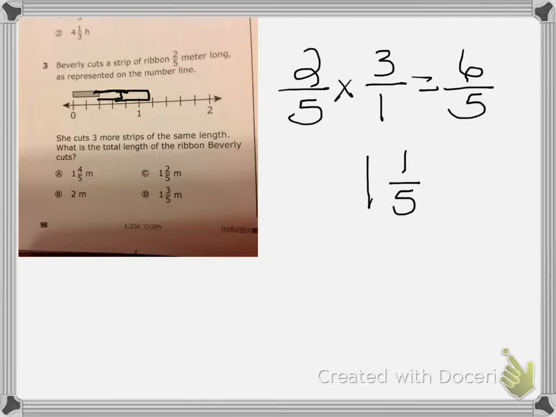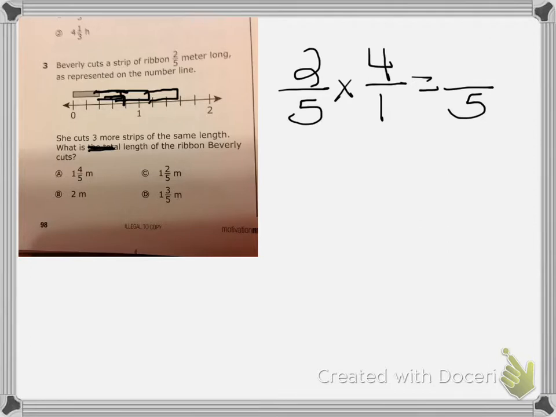Okay, I hope you guys figured this out because I figured out what I did wrong. It says she cut 3 more. And that means in addition to the 1 she already cut. So really she cut how many? 4, okay? And this is where it helps if we drew it out. See, they showed us here there'd be 1, 2, and 3.